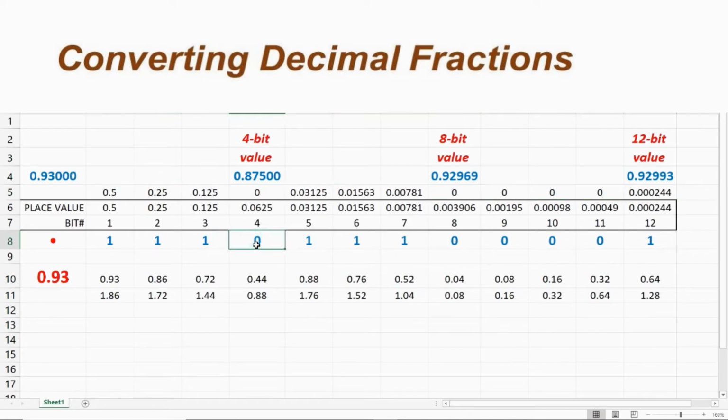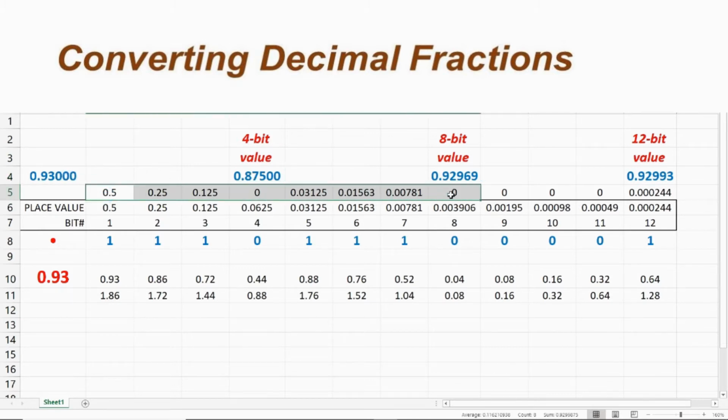So we see that even if we have a large number of bits, we may not get an accurate, exact representation of the number we want. It will always be approximated. The second observation is that the more bits we have, the more accurate is the representation. That means the more bits we have, the closer we come to the value which we want to represent. If we have only 4 bits, we have 0.875, which is not very close to 0.93.